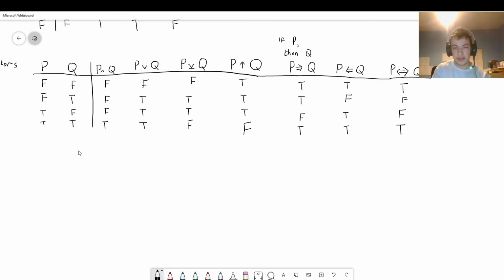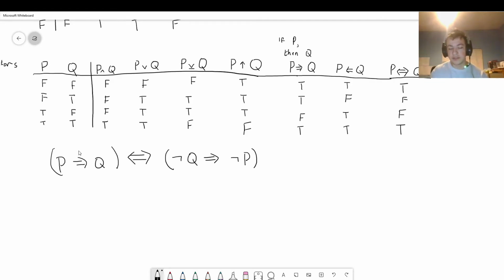Okay, so let's talk more about what these mean. P implies Q. Then we can see by comparing the logic tables that this statement is equivalent to not Q implies not P. So this is a converse statement, the contrapositive.